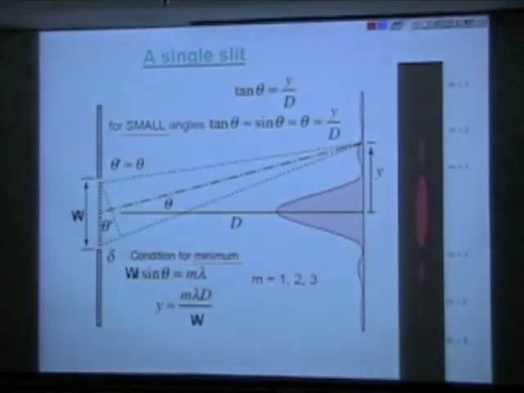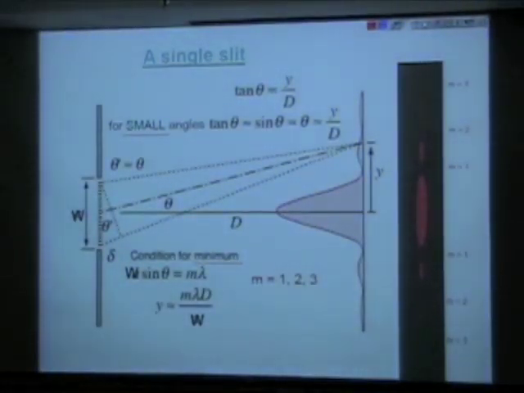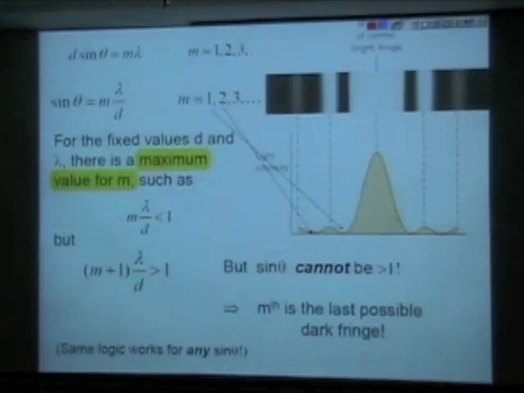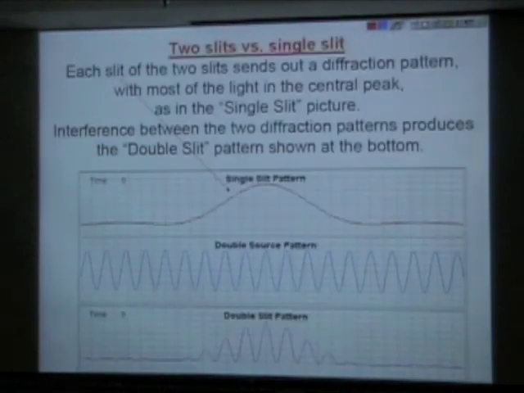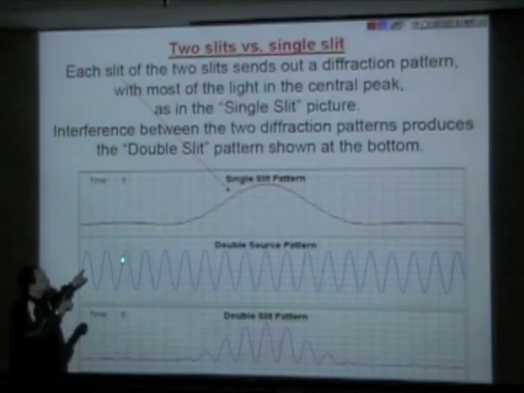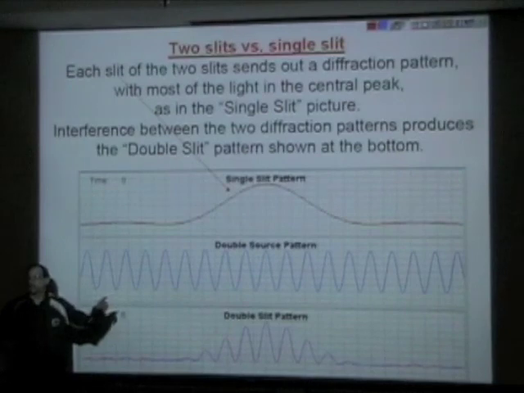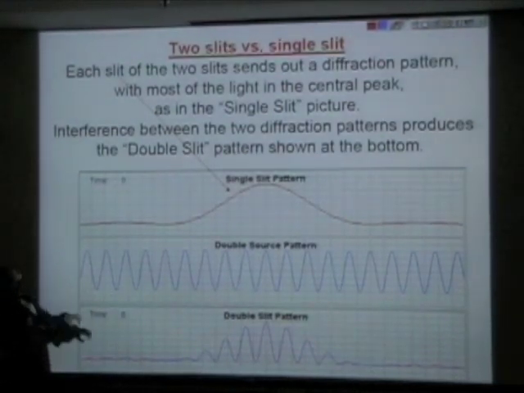And the relationship between these two patterns is very interesting. Well, again, the pattern has a limited size because the sine cannot be greater than 1. So this is what we would observe for double source interference.